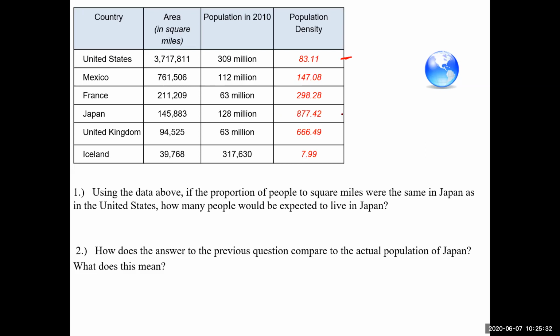Okay, so we're talking about the US and Japan. So if the proportion of people to square miles were the same in Japan as in the United States, how many people would be expected to live in Japan?